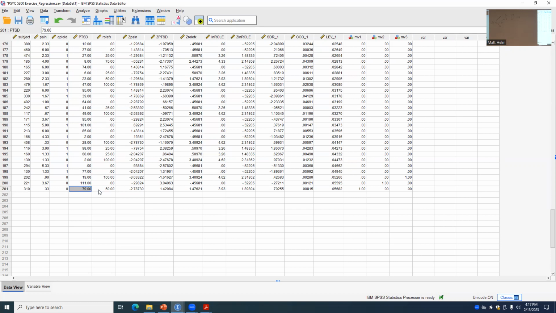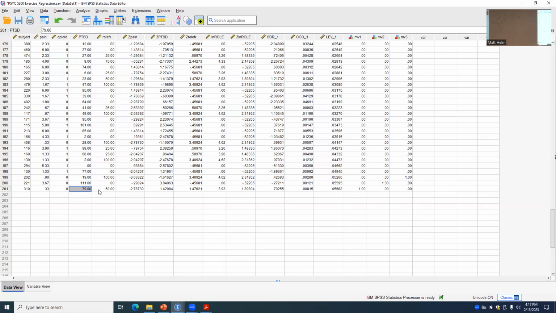Well, the mean value of pain for the full set is 4, and this has a value of 0.33. So this is someone with inordinately low pain. And the mean value of PTSD is 50, so this is someone who's above that.